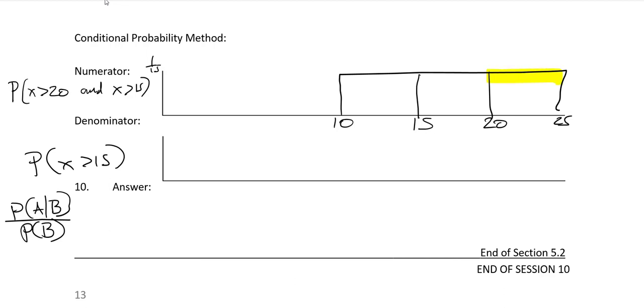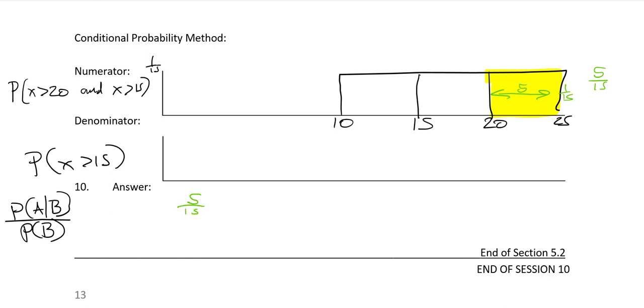Well, if you have to be greater than or equal to 20 and greater than or equal to 15, you're going to be in this zone right here, which is 5 units out of 15 units, because the width here is 5 and the height here is 1/15. So that's how I got my 5/15. So this is my numerator, and I'm going to put that down here as 5/15.